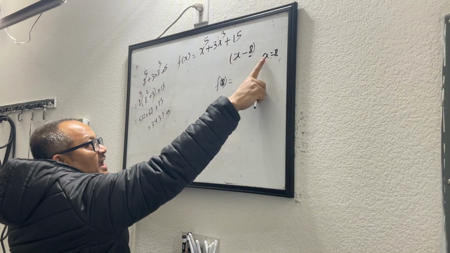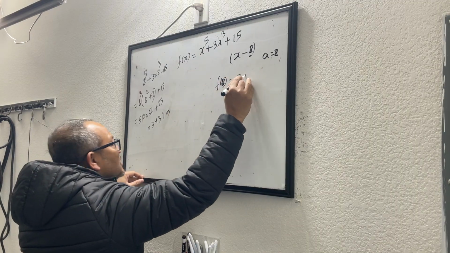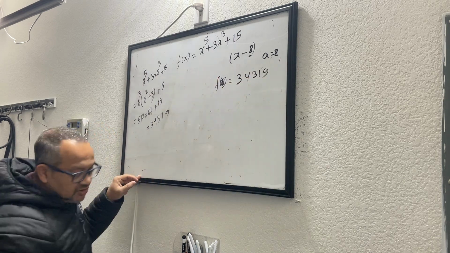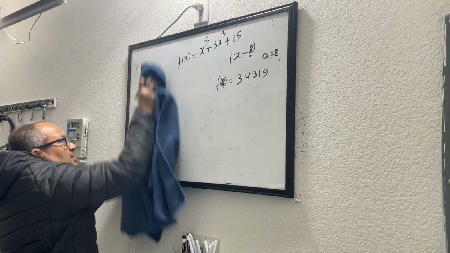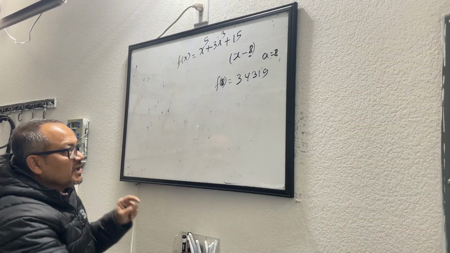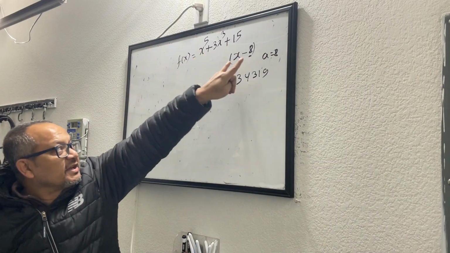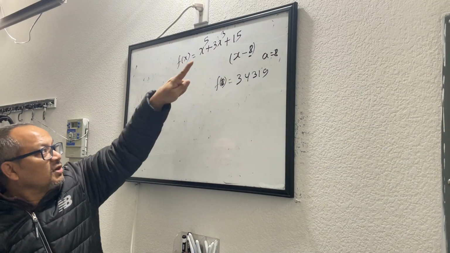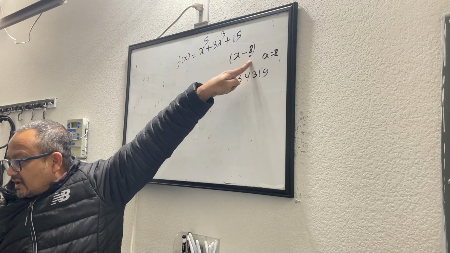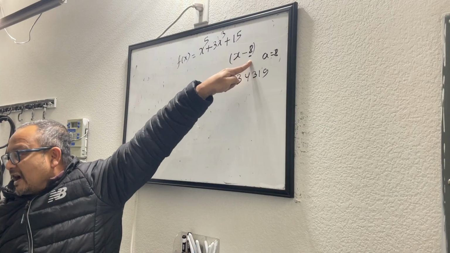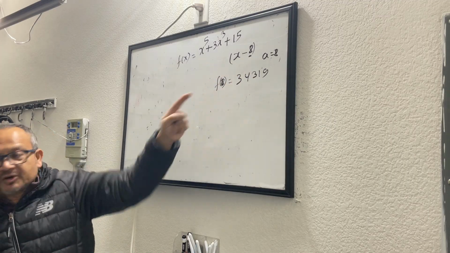For a equal to 8, we evaluated that, which got us 34319. I'm not sure if I made some mistake with this calculation, but that is not important right now. Assuming this calculation was right, if you divide this polynomial by x minus 8, then the remainder will be equal to f of 8. So whatever you are subtracting from x, evaluate the function for that value, and that would be your remainder.